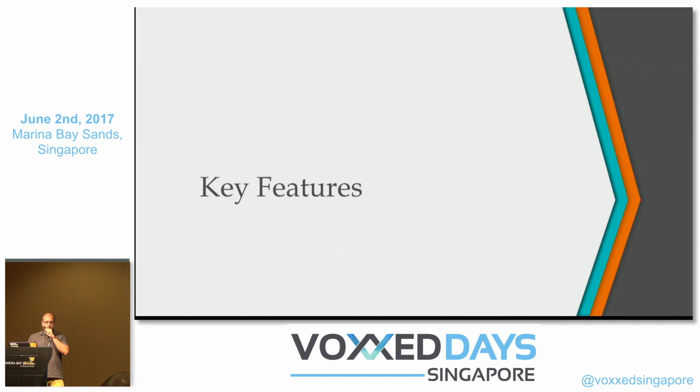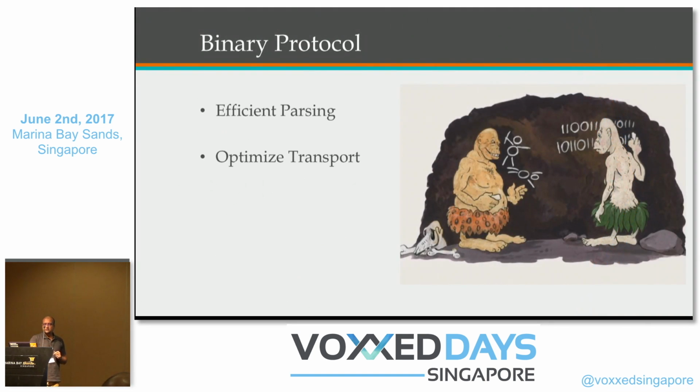All right, let's look at some of the key features. First up is the binary protocol. It is not a feature per se, but it is a big difference from the prior revisions, which were textual in nature.